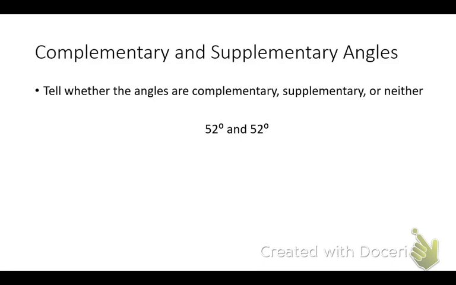What is the total between these two angles when you add them together? What's 52 plus 52? Y'all need a calculator. 104. Is 104 degrees the measure of complementary or supplementary? No. So I would say 104 degrees and neither.